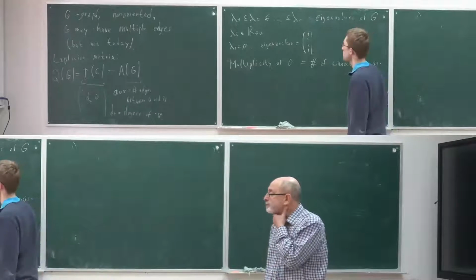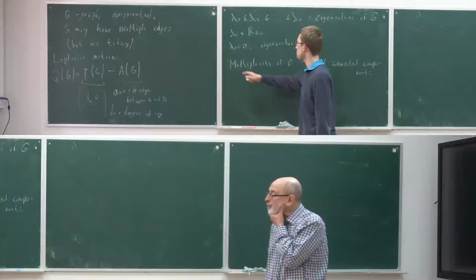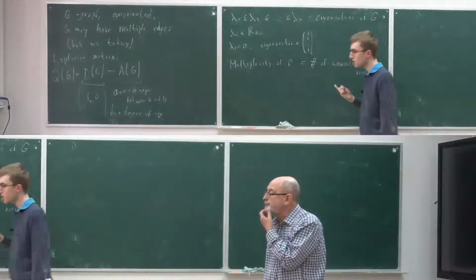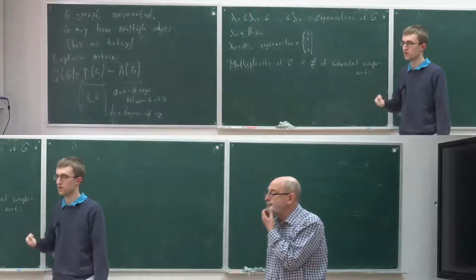In other words, lambda 2 is equal to 0 if and only if the graph is not connected.